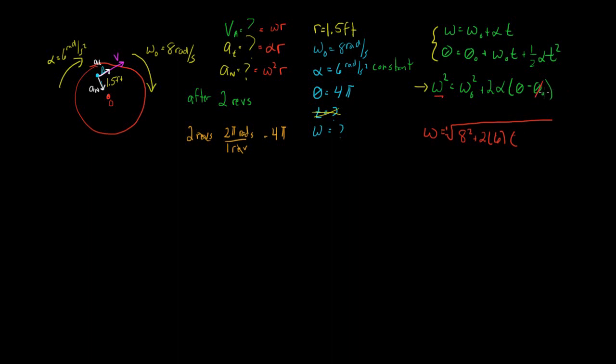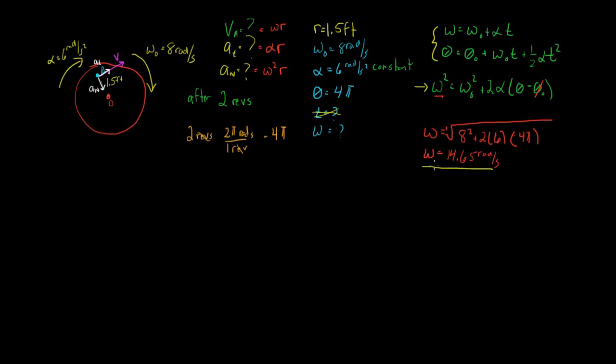If we call our initial point 0, this just becomes 4 pi. If we evaluate this expression, we get that the final angular velocity is 14.65 radians per second. This is the velocity this disk is spinning at after it has undergone 2 rotations.